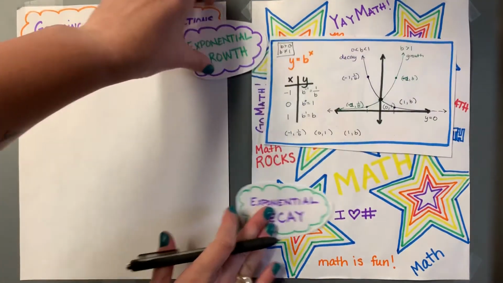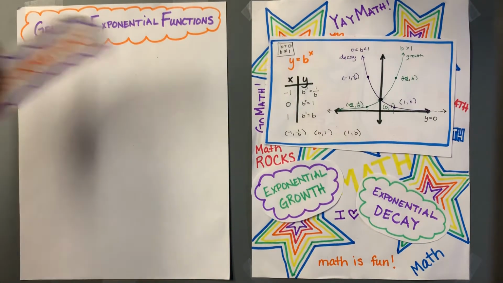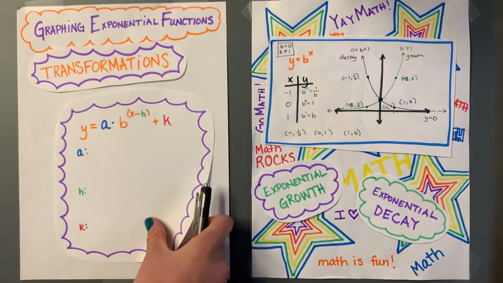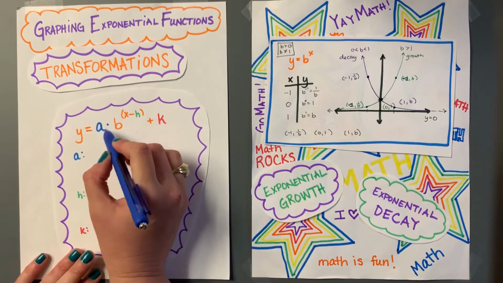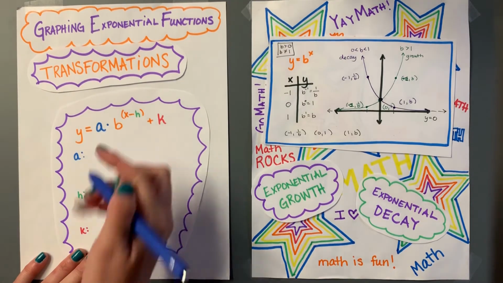So keeping this in mind, let's actually talk about transformations to the parent function. So looking at our equation here, we have y is equal to a times b to the x minus h plus k. So a here is going to be a multiplier multiplied by this exponential piece.